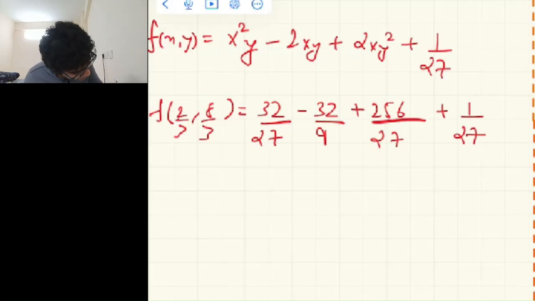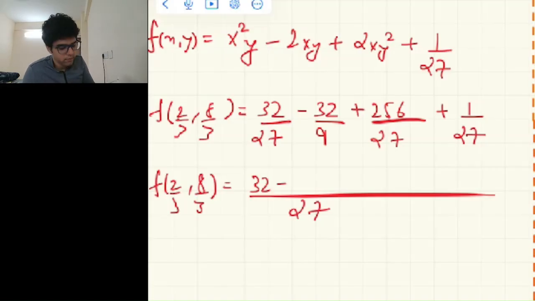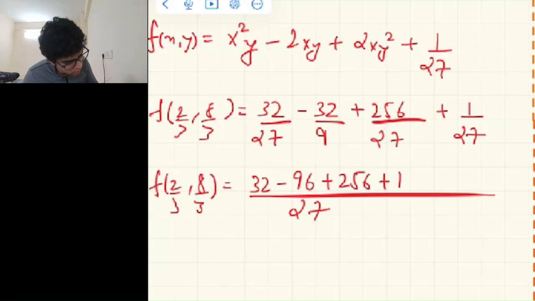So solving this will give me, let's take this as 27, 32 multiplied with 3 would give me 96. So 96, minus 96 plus 256 plus 1. I'll use the calculator now.